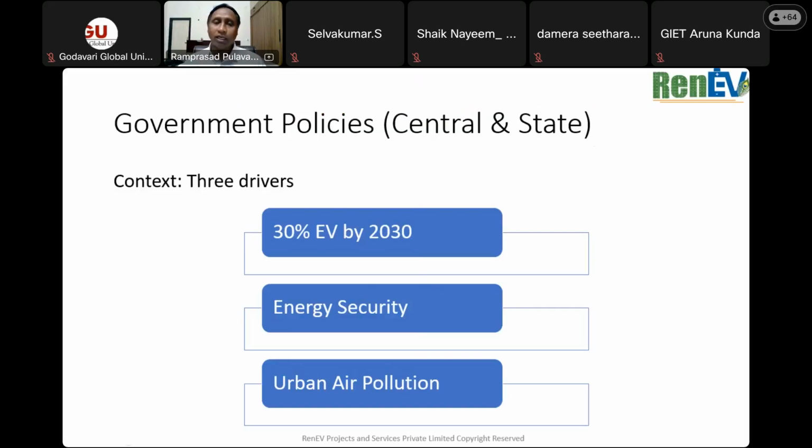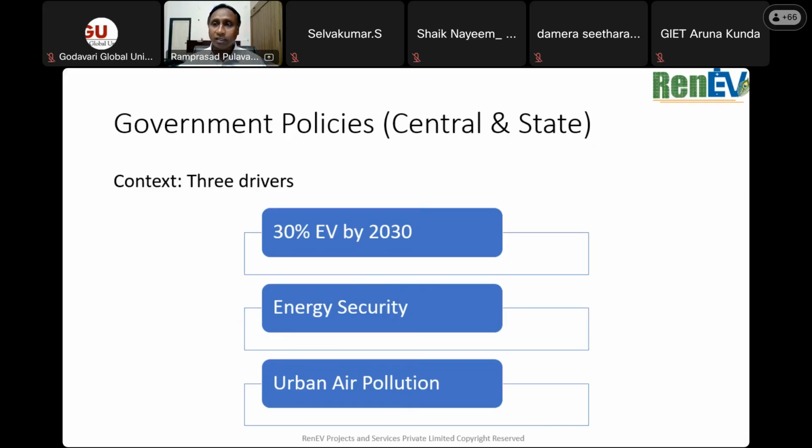By 2030, 30% of the new vehicles being sold in the market should be electric vehicles, means pure EVs. So you can imagine, if the vehicles sold per month are around 10 lakhs, by 2030 the government of India wants 30% of such vehicles to be electric vehicles.